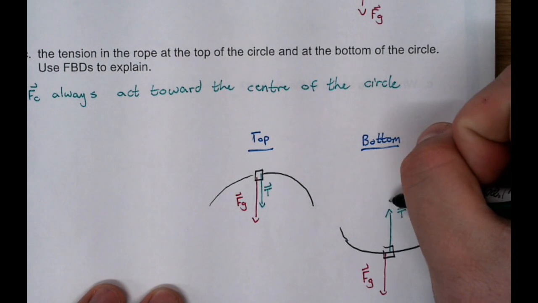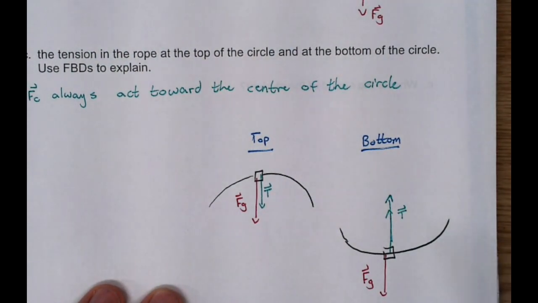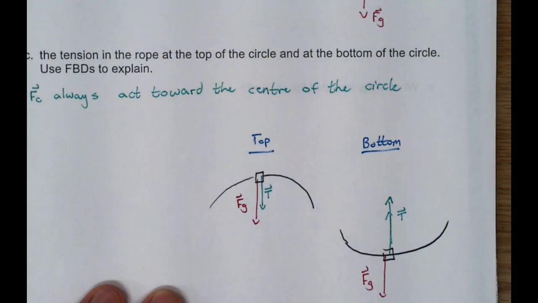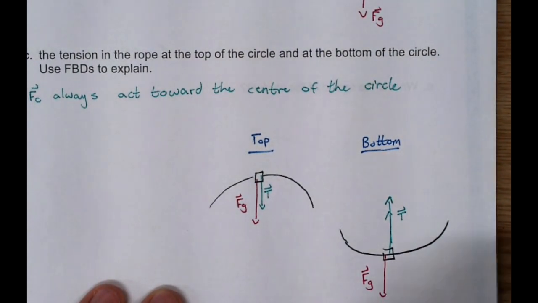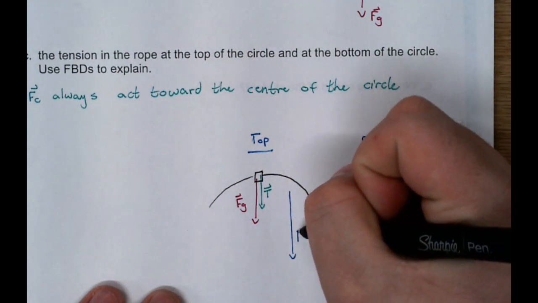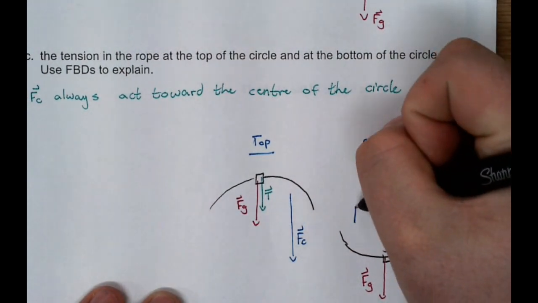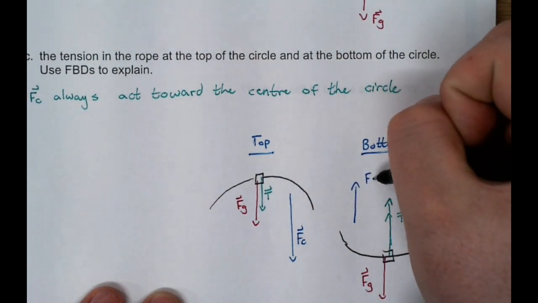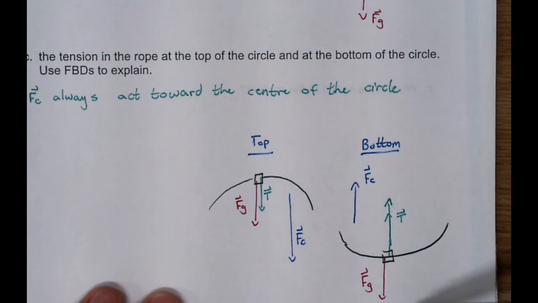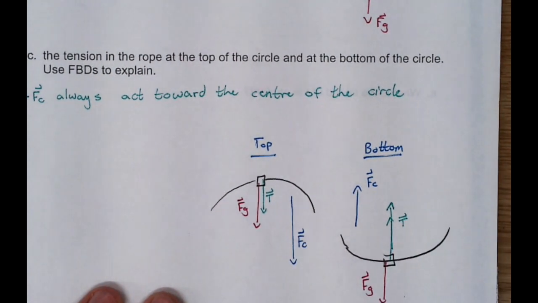In this case, your tension force is actually going to be larger. We know it's going to want to keep coming straight back up. So our centripetal force, our net force at the top, would be acting down. And when we're at the bottom, our centripetal force is going to be acting up. Our net force is going to be greater up at the bottom, and greater down at the top.